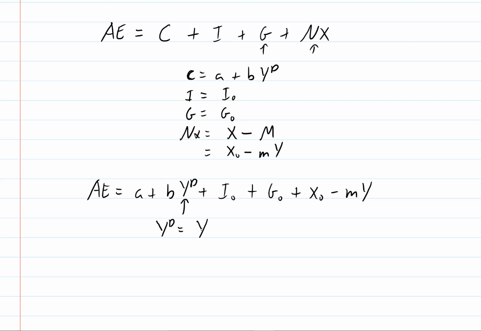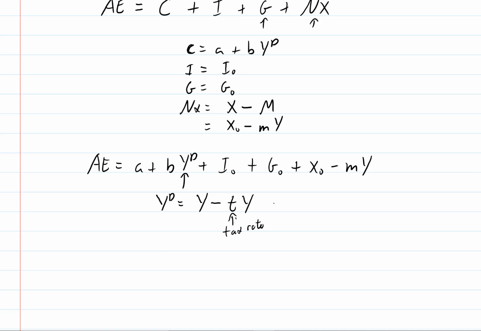And so it's our income minus however much tax we pay. And we're assuming that the tax takes the following form, where T is the tax rate and Y is national income.